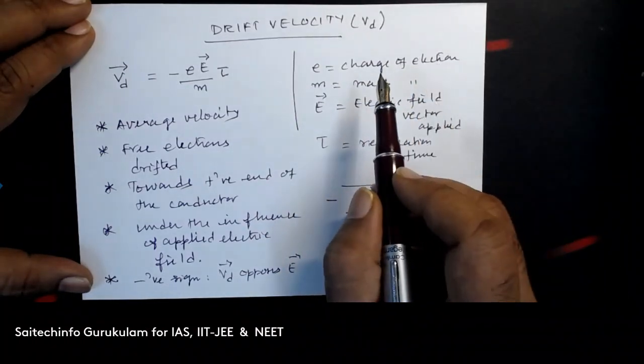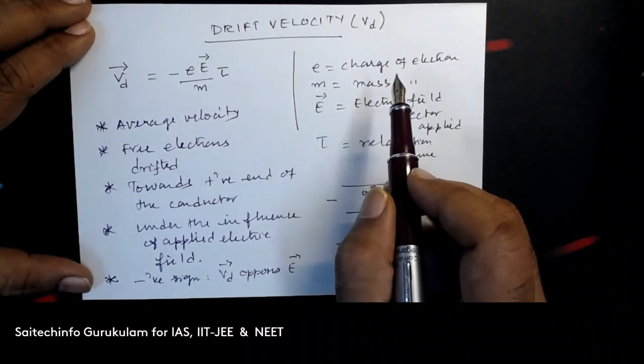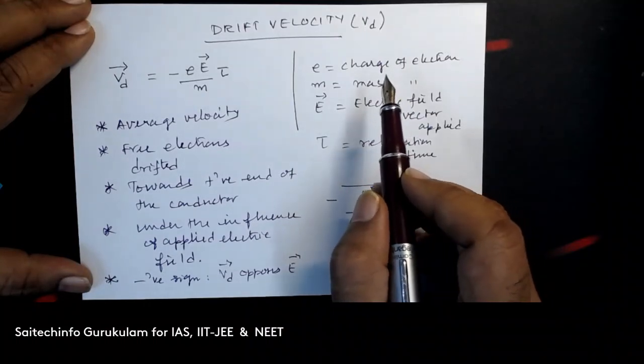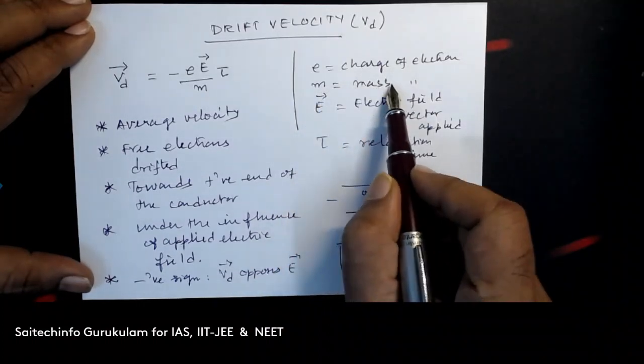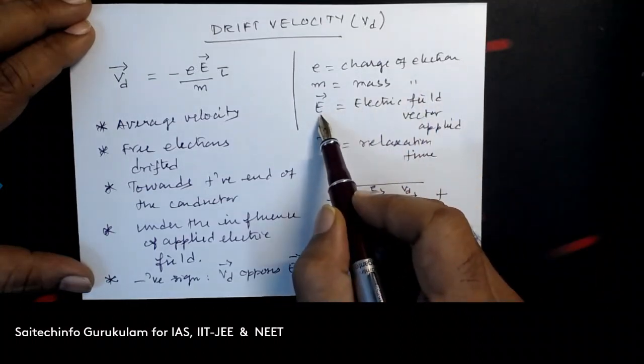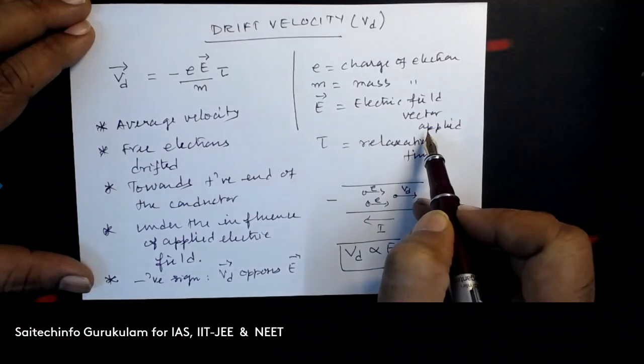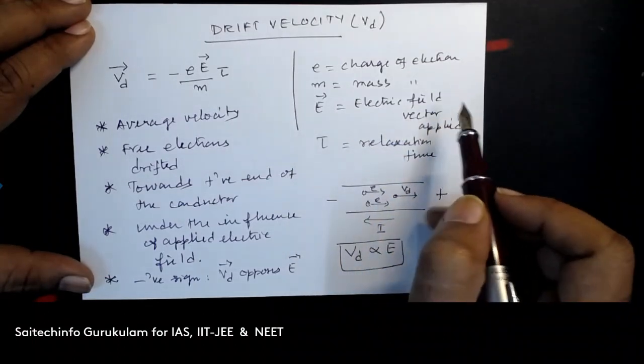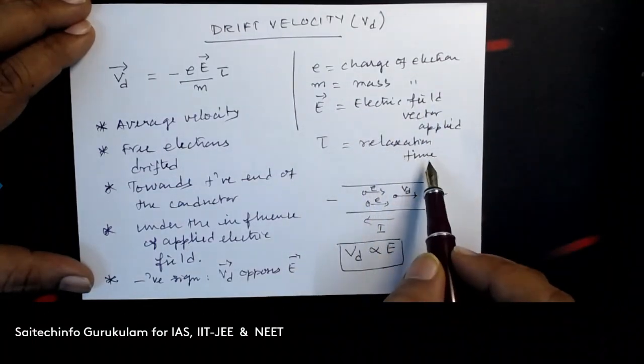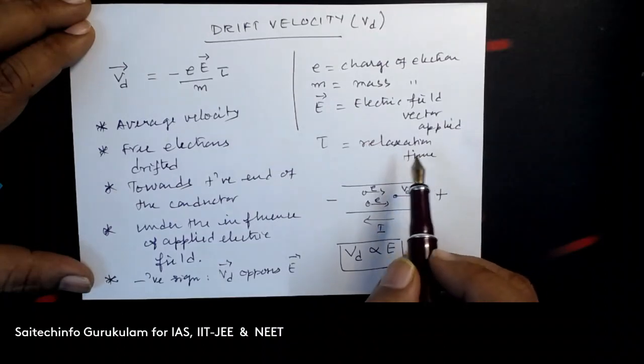What is the charge of electron? 1.6 into 10 power minus 19 coulomb. m is the mass of electron, E is the electric field vector, which is applied externally, and tau is the relaxation time of the electron.